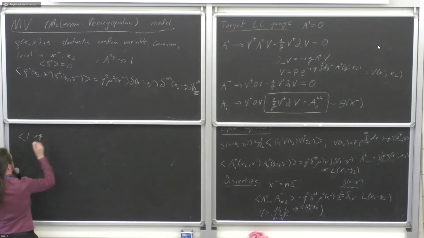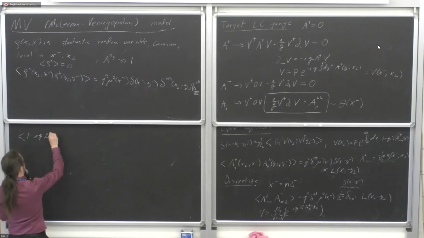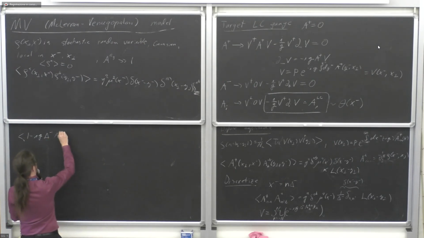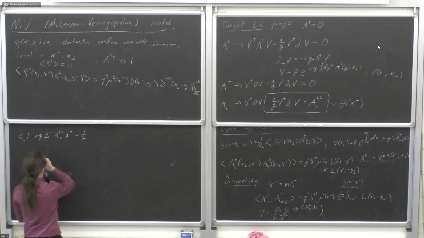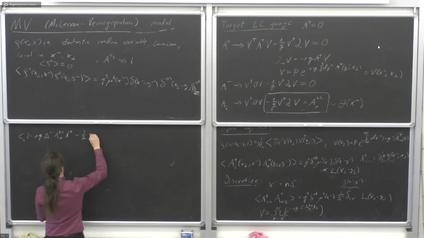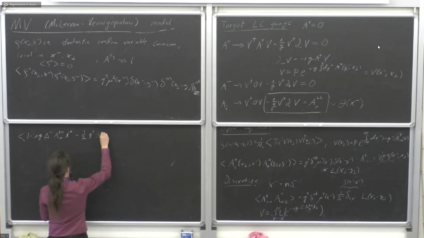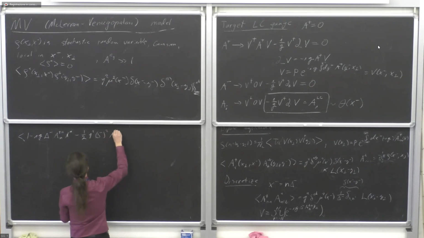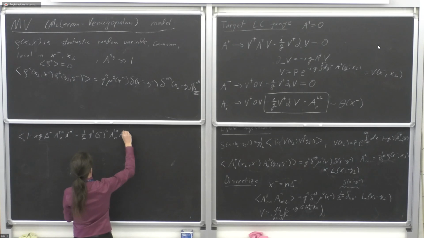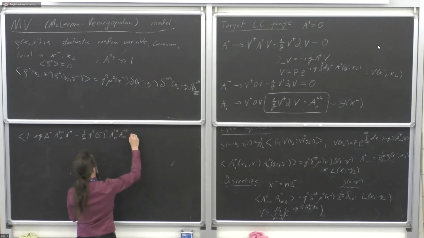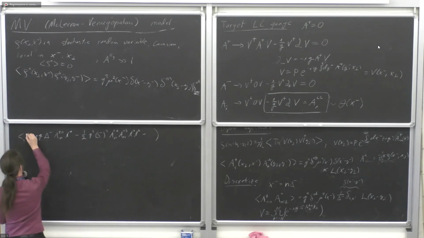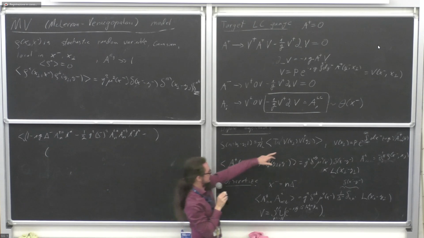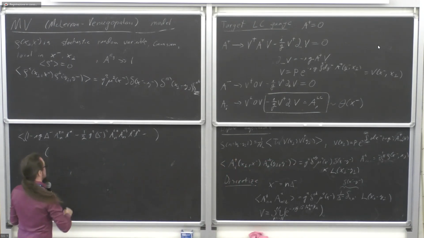1 minus i g delta minus A plus n, order minus 1/2 g squared delta minus squared A plus n, and then I'm doing the same for the one coming from the V dagger.